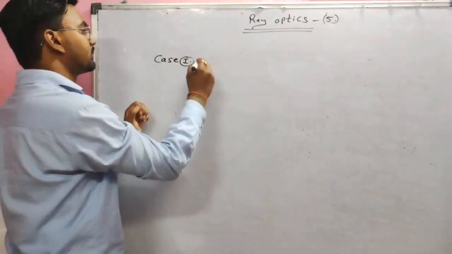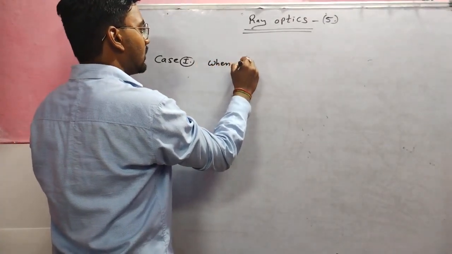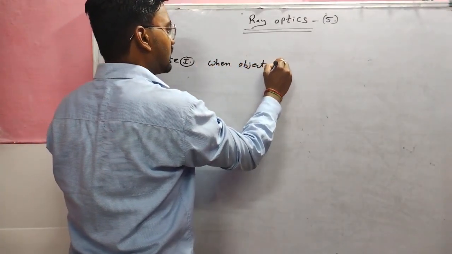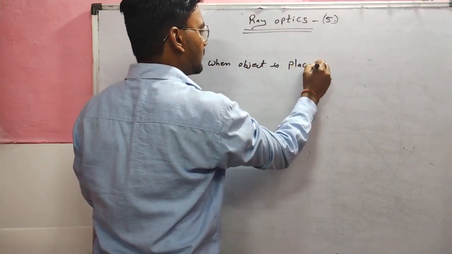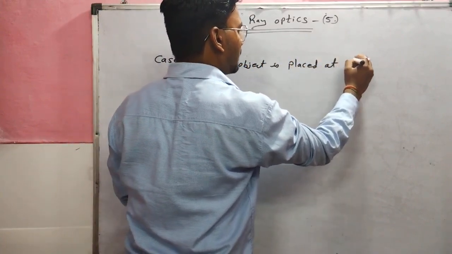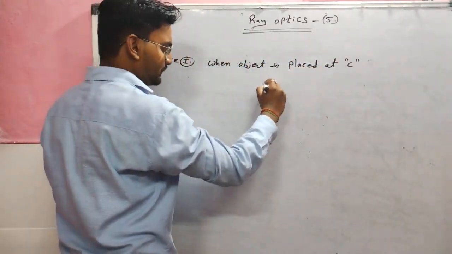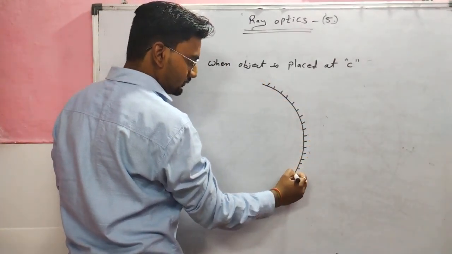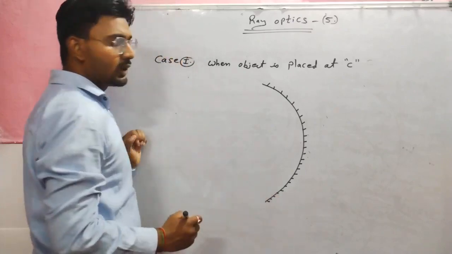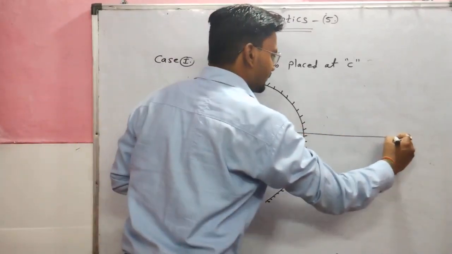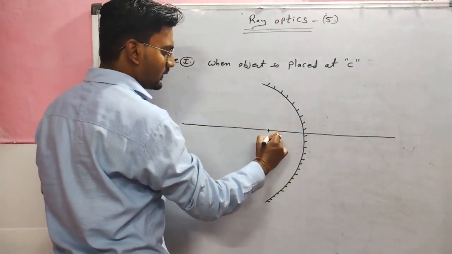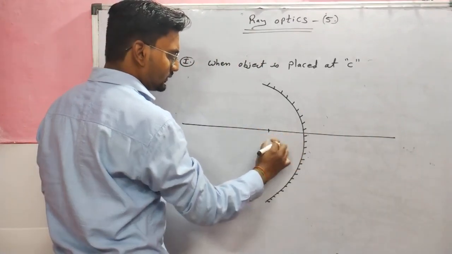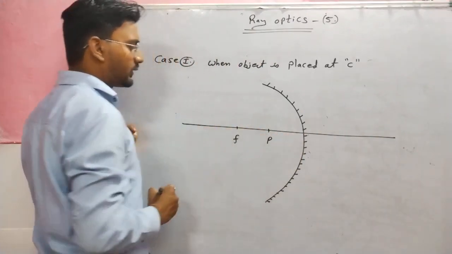When object is placed at C. Okay, see here, this is our concave mirror, and this is our principal axis, this is pole, and this is focus.